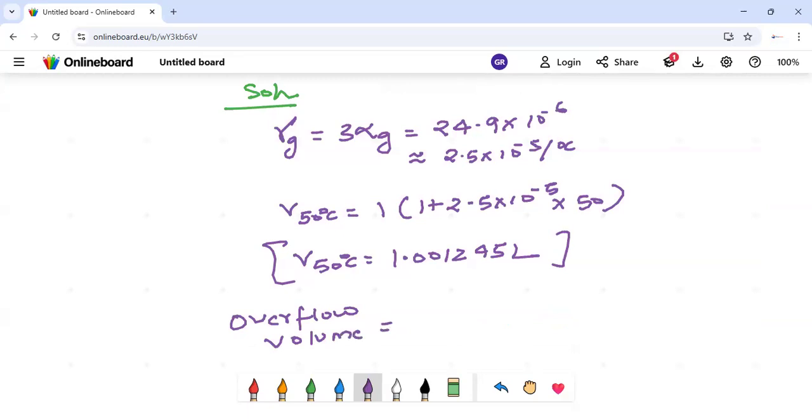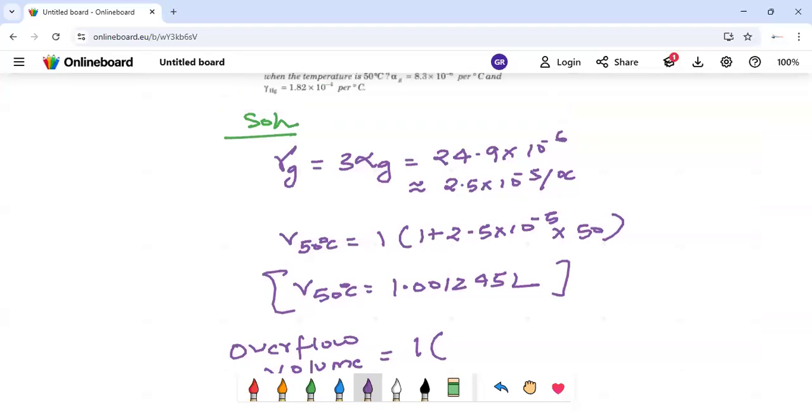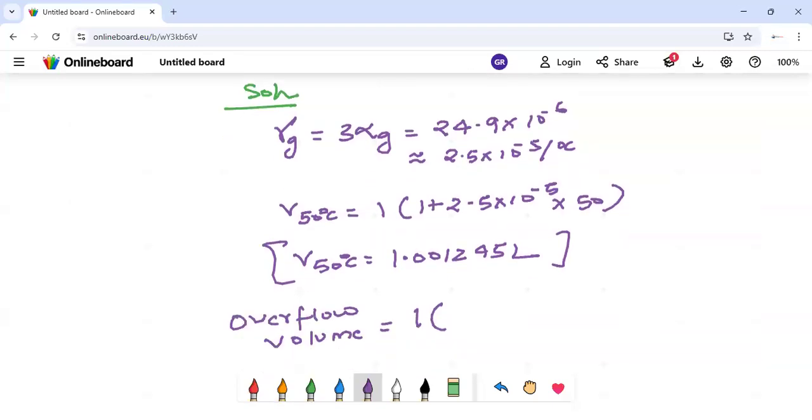So overflow volume will be V naught gamma of mercury, which is 1.82, or I can take it as 18.2 into 10 to the power minus 5. And this is gamma of glass, which is 2.5 into 10 to the power minus 5 into 50.